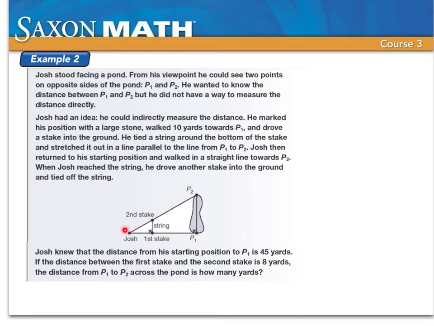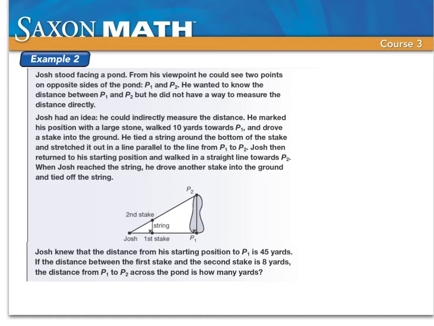Likewise, if he started at his stone and walked toward his second stake and kept going, he could walk straight to the dock up here. He knows that the distance from his starting position to the first dock is 45 yards. If the distance between the first stake and the second stake is 8 yards, we want to know what the distance across the pond is.